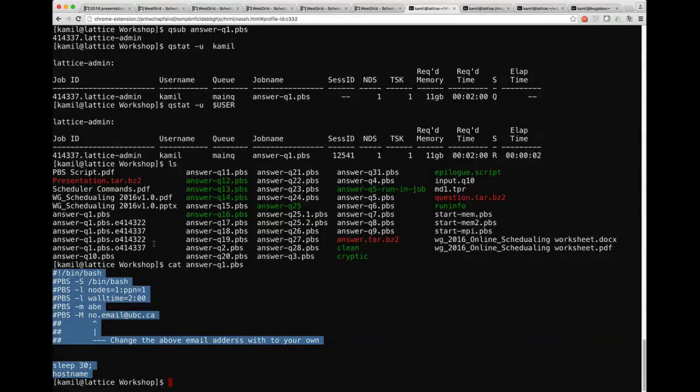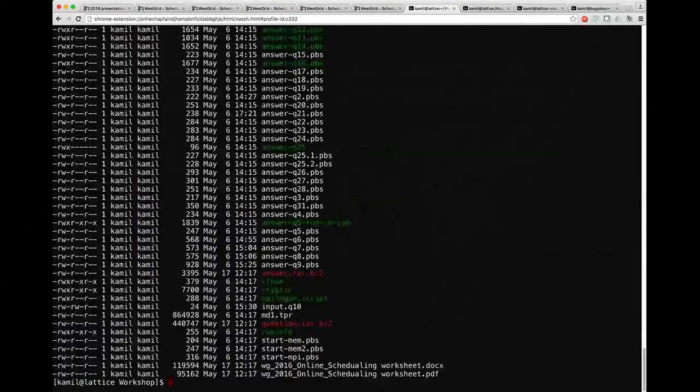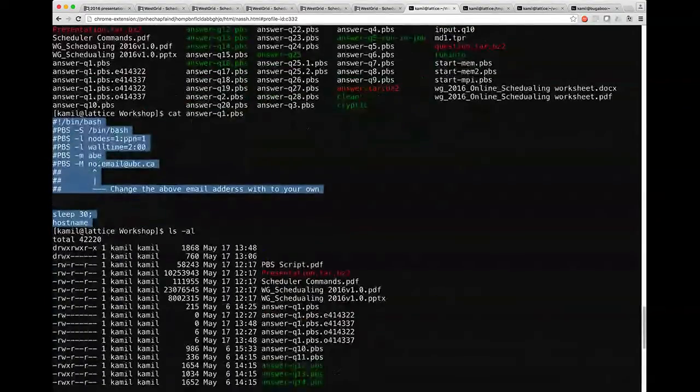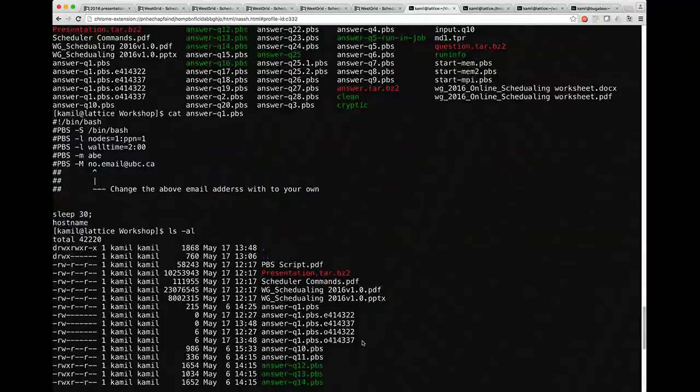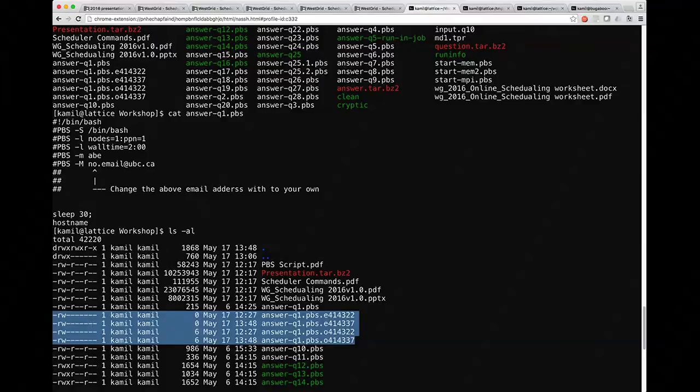Another thing to notice is that when I run this, we got outputs. So I ran answer q1.pbs multiple times. You just saw the last one. When I submitted the job, it gave me a job ID, and it came out with answers and error messages.